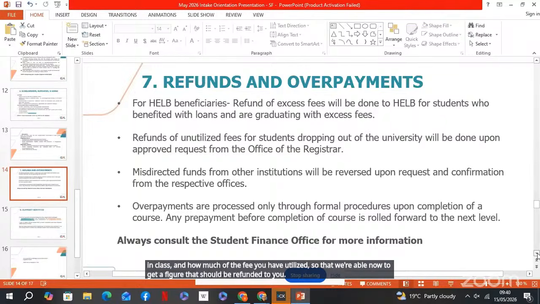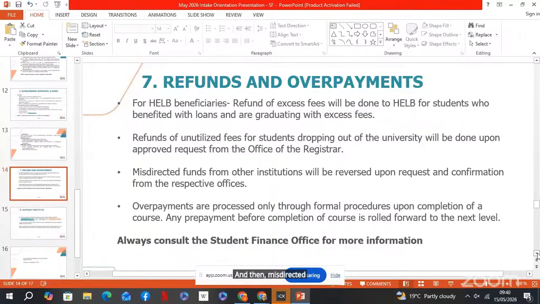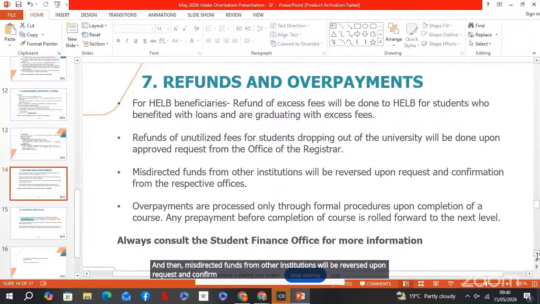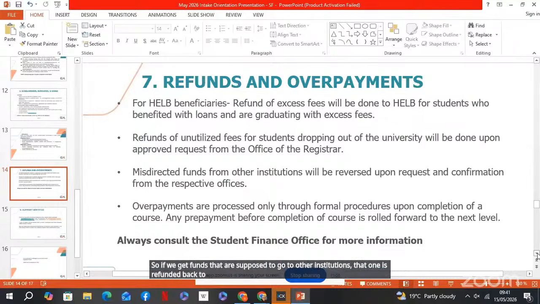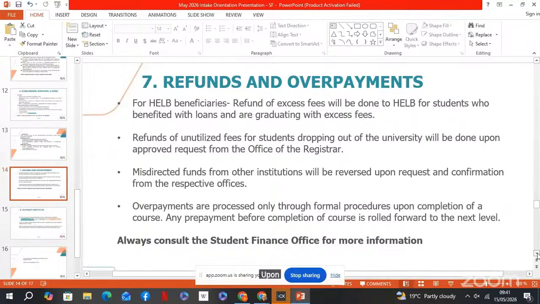And then misdirected funds from other institutions will be reversed upon request and confirmation from the respective offices. So if we get funds that are supposed to go to other institutions, that one is refunded back to them. And then overpayments are processed only through formal procedures upon completion of a course.